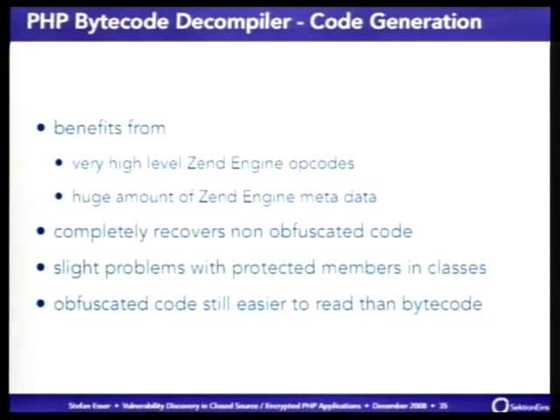When you have a child class, you will sometimes end up with the same function in two classes when actually the function was inherited. But sometimes it's not possible to detect that it was inherited. And obfuscated code is still easier to read than bytecode.